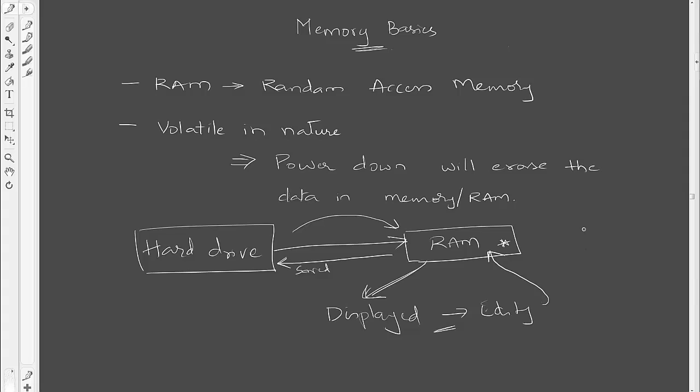So let's say you open a document, you have written 2 lines and you saved, so it is now in the hard drive. Let's say you typed in line 3, line 4, line 5, and let's say all of a sudden the system crashes, or power is gone and system pretty much stops. Now what really happens? You have typed in 2 lines, saved, so it went to the hard drive, but you did 3, 4, 5, and now there was a power failure.